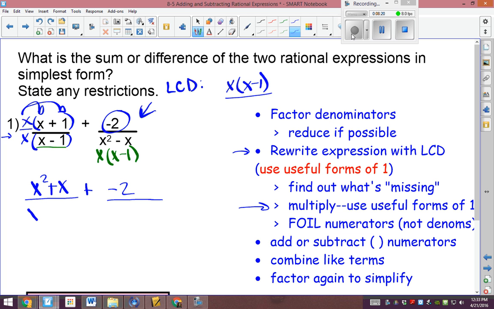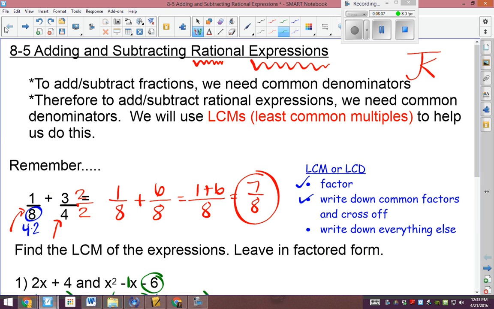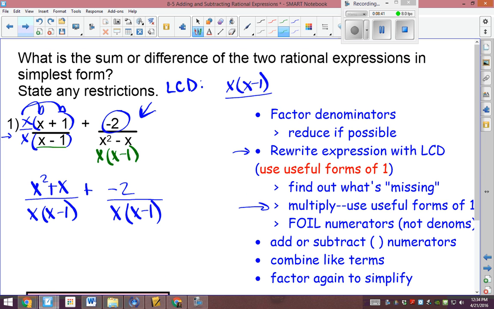No need for you to FOIL the denominators because there's not going to be any combining of like terms down there. So just leave them in parentheses form. Now, just like the 1/8 and 6/8, we can put them together as one big fraction, which has one denominator.